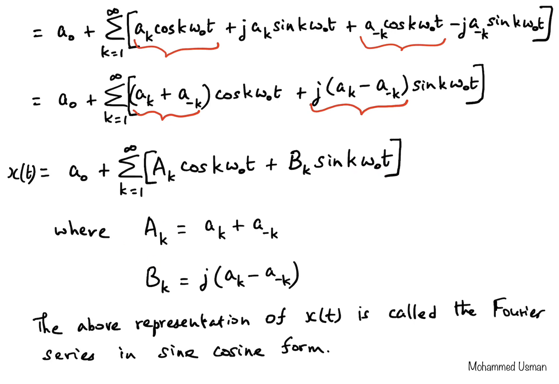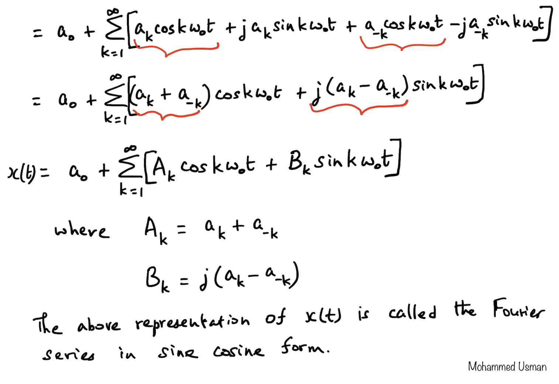Capital Ak is small ak plus small a minus k, and capital Bk is j times small ak minus small a minus k. We have introduced these new terms, obtained from our existing terms ak and a minus k.